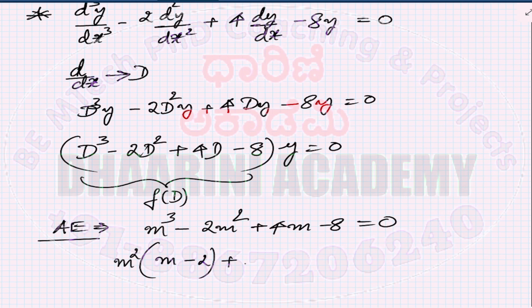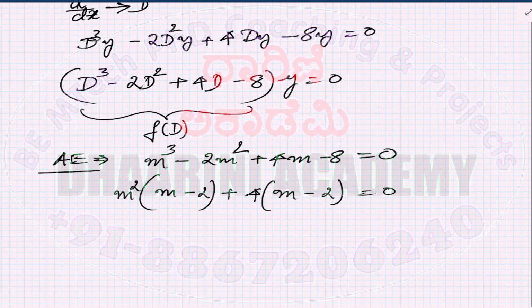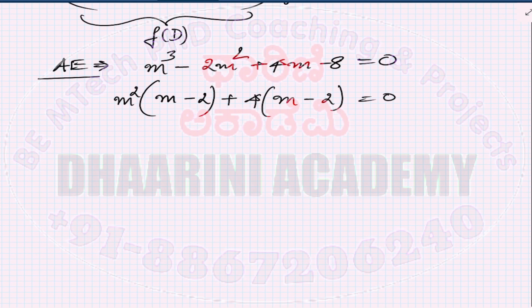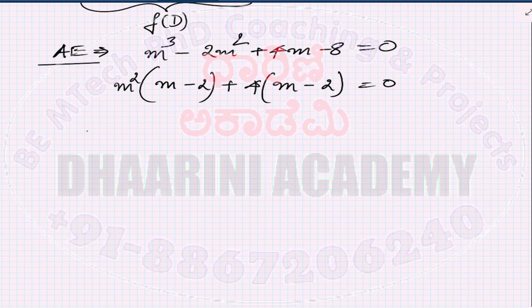When I take 4 outside, 4 into m is 4m, 4 into minus 2 is minus 8, equal to 0. I can see that m minus 2 is common. Here I have m minus 2, here also I have m minus 2, which means I can take m minus 2 outside. What remains? m square remains in the first term, plus 4 remains in the second term. This is equal to 0.